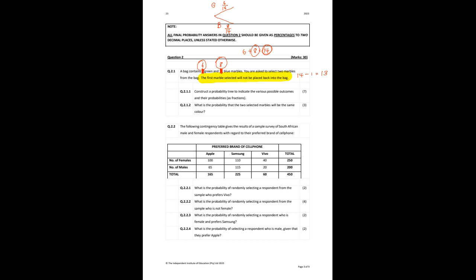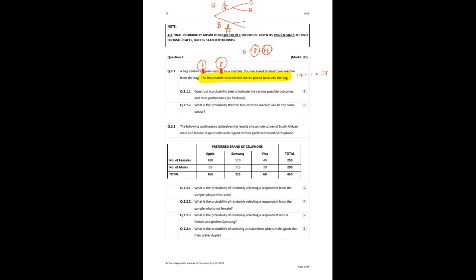So now you're going to put in additional branches under both green and blue. This is indicating what I just explained, that if green was selected first, you can still select green or blue the second time.